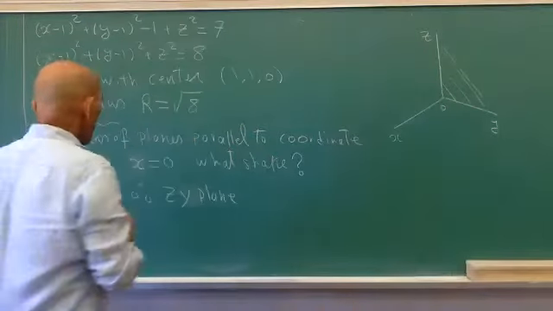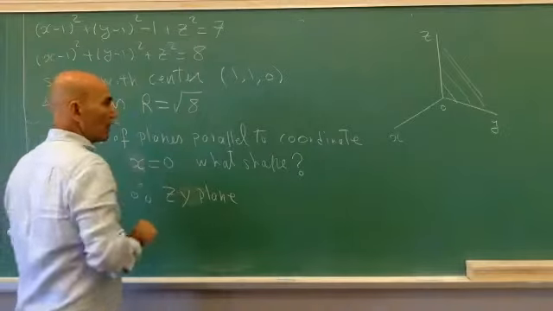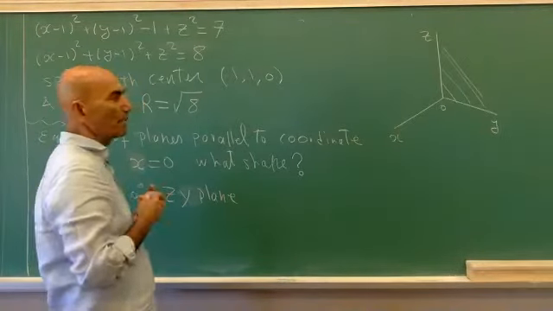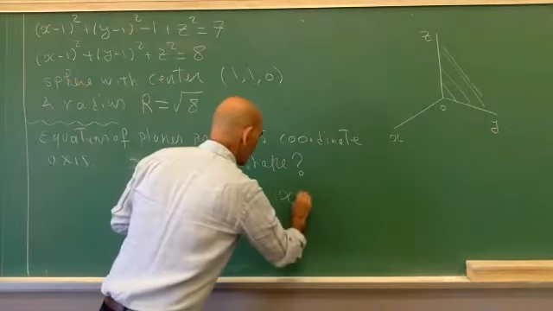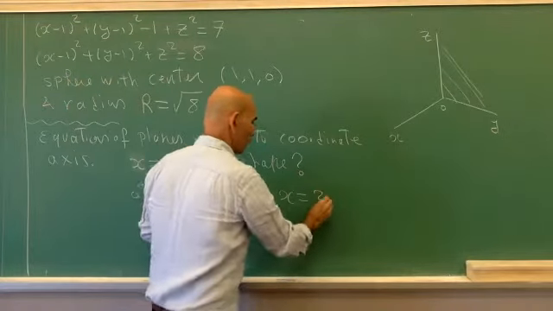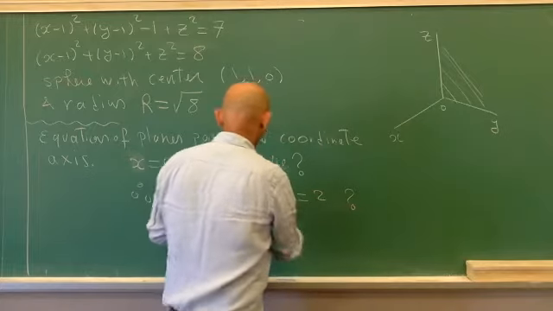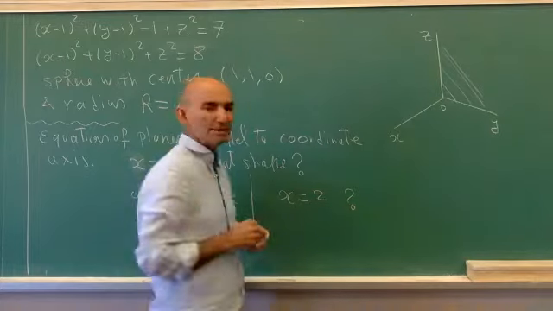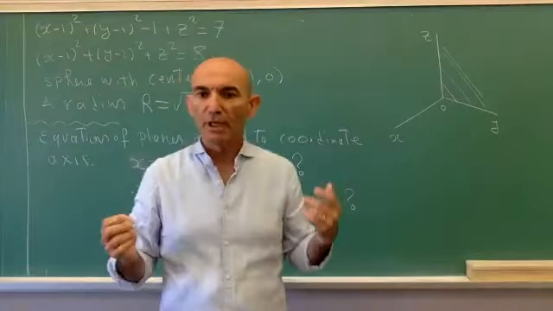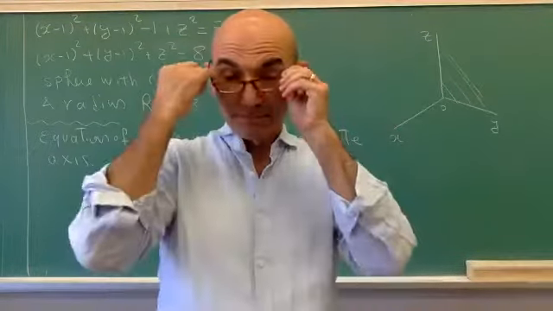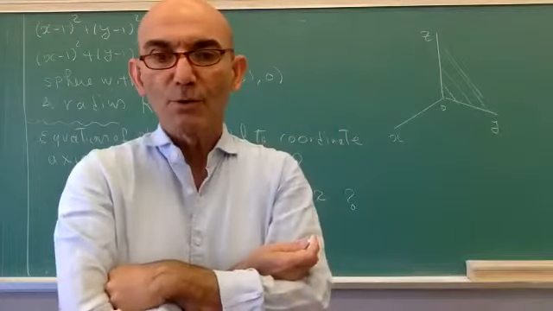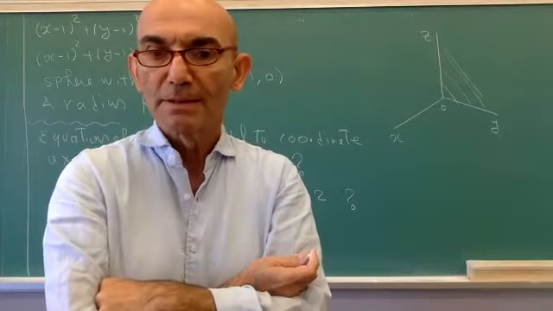Okay, so then you can do something more general. What about x equal to not 0, but some constant? So x equal to 2, for example. What kind of shape does this represent? Can you tell me?